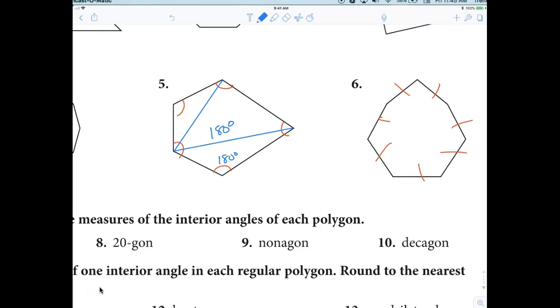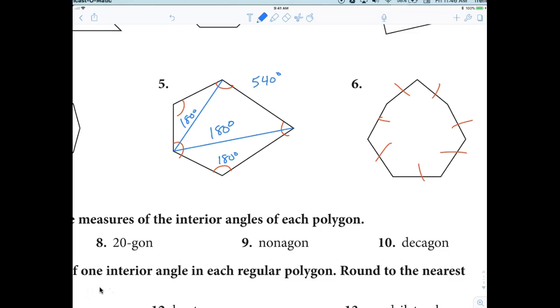And the other triangle adds up to 180 degrees. So 180 three times is how much? 540. So the angles of a pentagon always add up to 540.